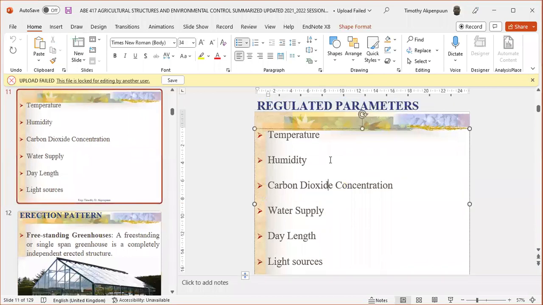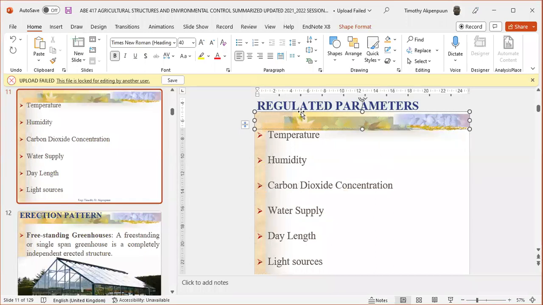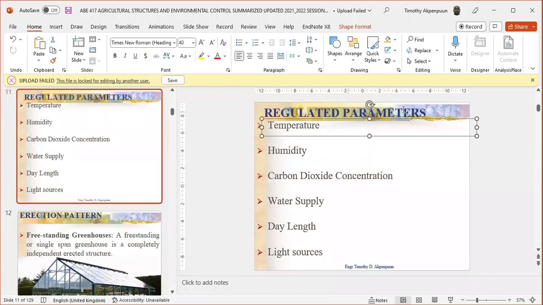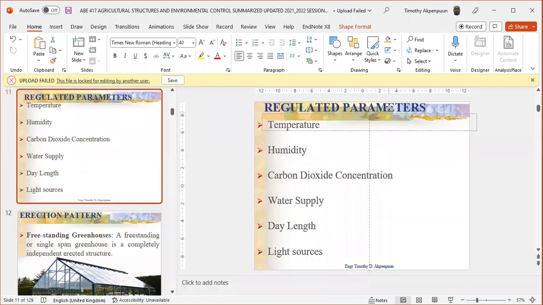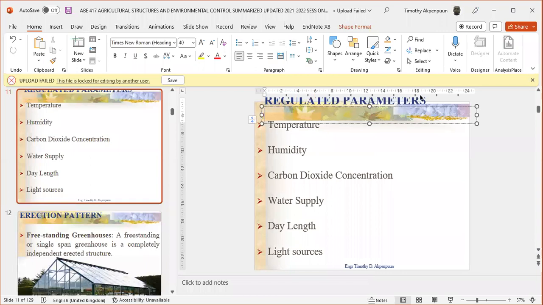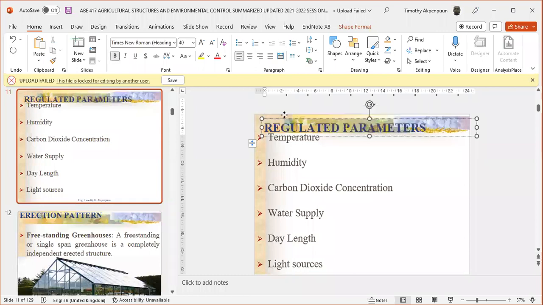So the next one says regulated parameters in the greenhouse. What are those parameters that are regulated in the greenhouse?